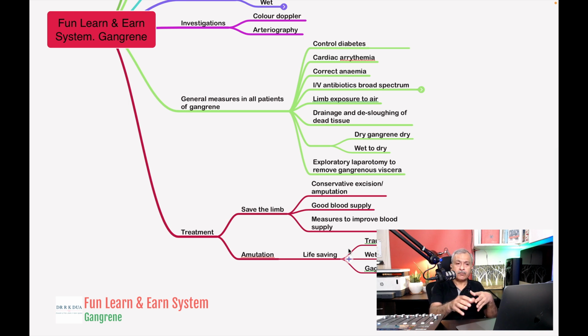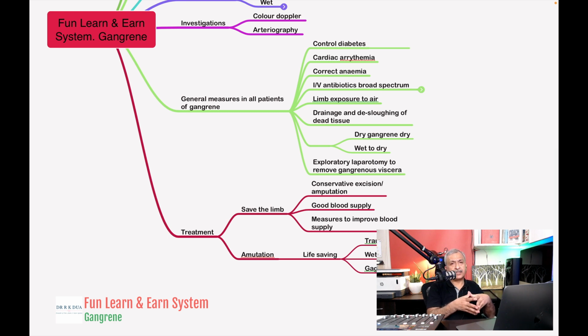In case of traumatic gangrene, we have to remove the dead tissues which are present. In case of wet gangrene, if it is spreading, then we have to do early amputation, looking for the skip lesions, just proximal to the skip lesions.